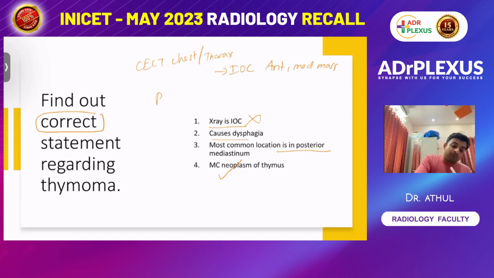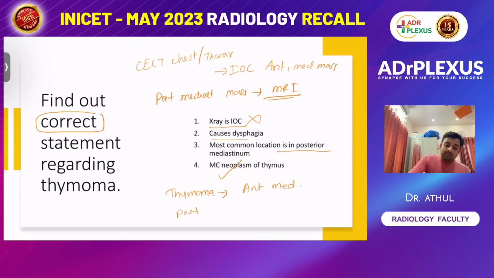If they are asking about posterior mediastinal mass, then MRI will be the investigation of choice, because MRI will help you find out the continuity with the neural canal. So thymoma is most commonly seen in the anterior mediastinum.